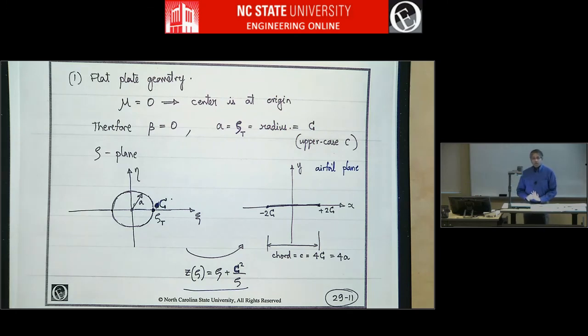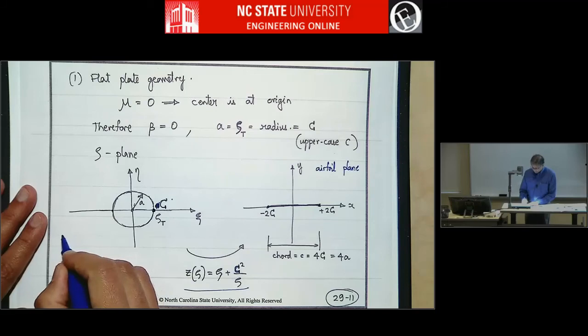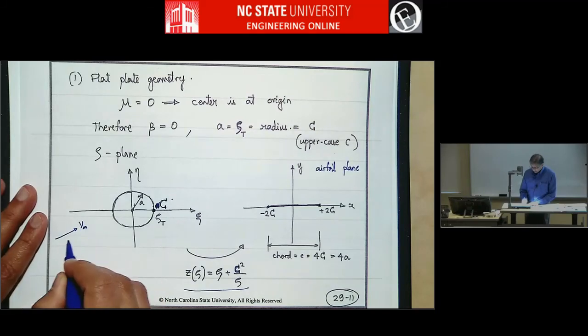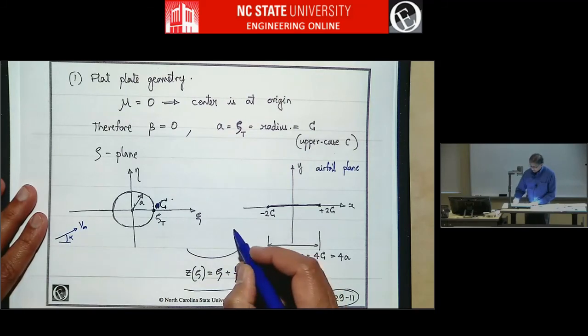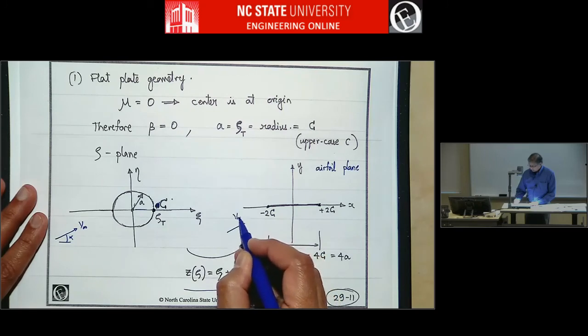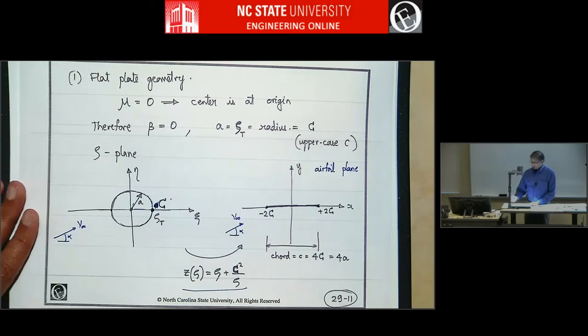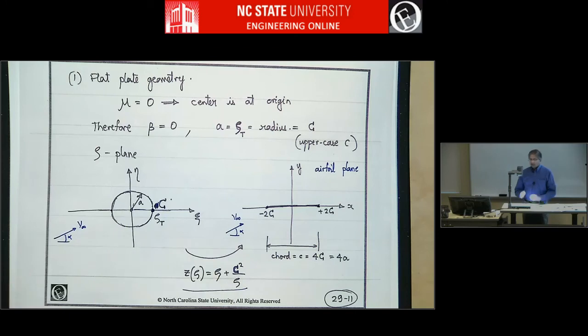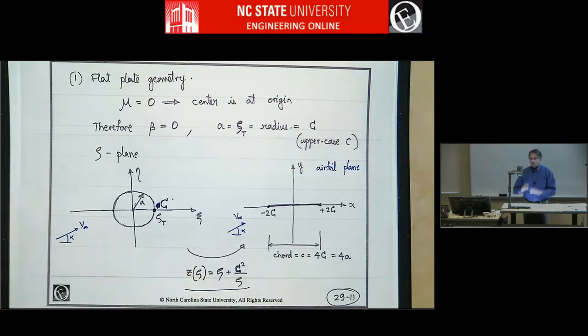And we can still do free stream coming at an angle of attack. So we can put this V infinity here at some alpha, and we'll get the same flow for this body. So this circle is squished and made into a flat plate, and all the flow around it also will be conformally morphed to get the flow around this. And so if you do the mapping, it will look like this.